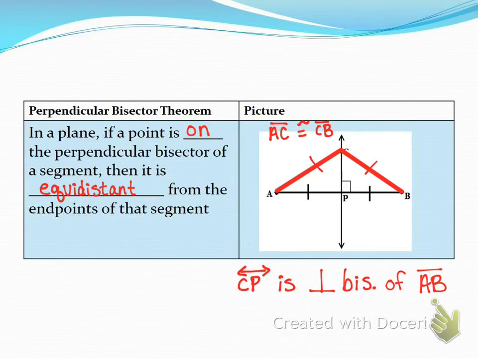Okay, keep in mind that I should use 2 tick marks instead of 1 there since they already used 1. Those were not initially part of the diagram. I added those because that is the conclusion that we can draw from this theorem. Questions or need more time on the perpendicular bisector theorem?